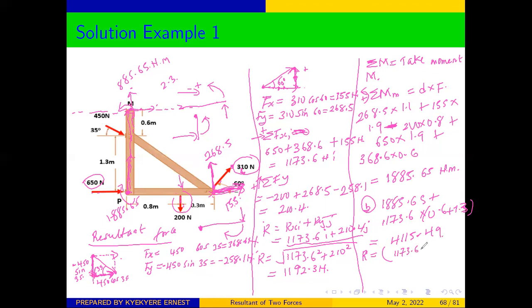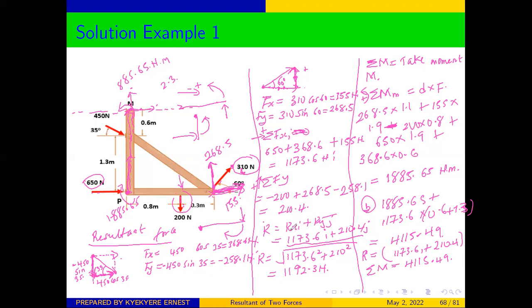So at P, our resultant force will still be our I component, 1173.6 I, plus our Y component, which will be 210.4, and then our resultant moment is going to be 4115.49. Good.